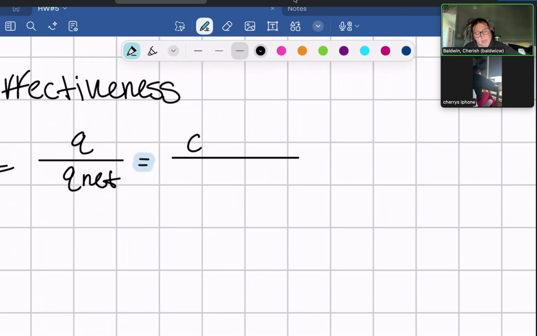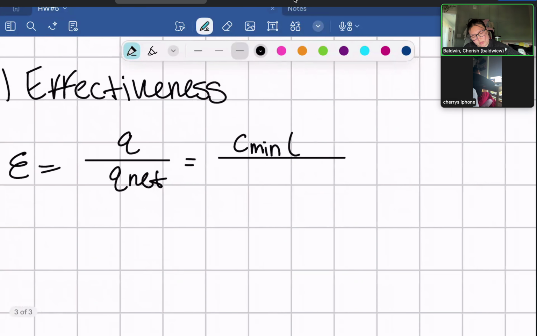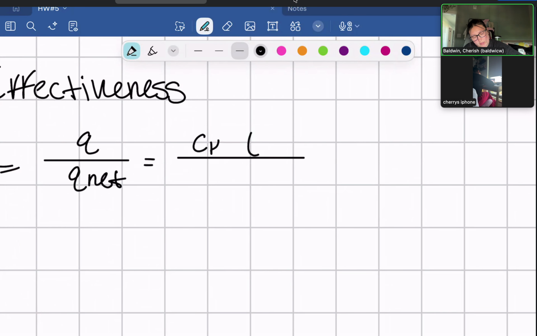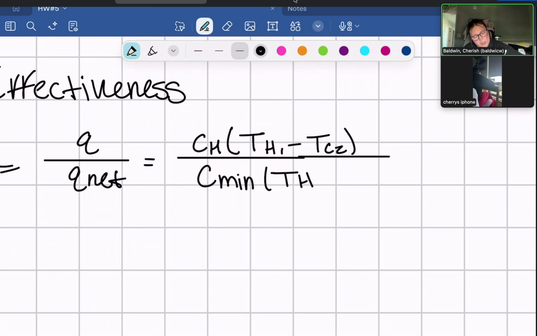mass flow rate heat capacity minimum, set equal to the mass flow rate heat capacity of the hot times the temperature of hot 1 minus hot 2 over C minimum times the hot in minus the cold in.